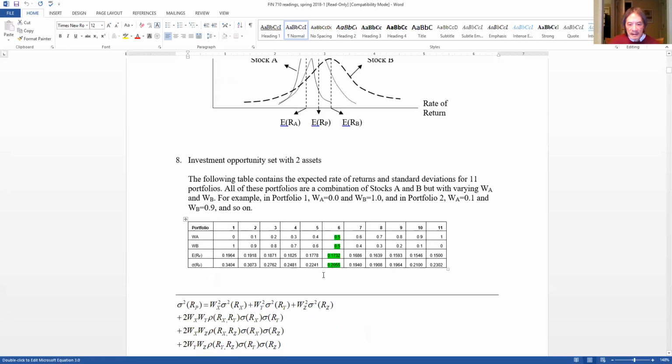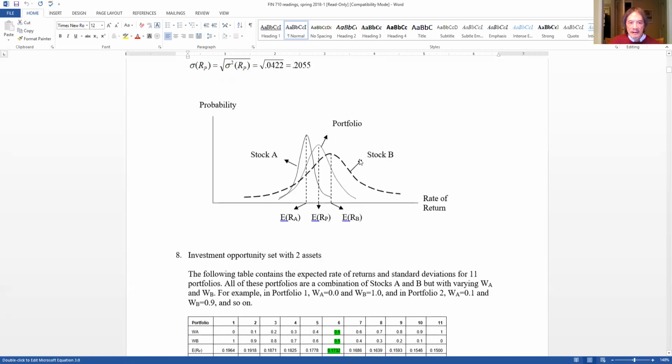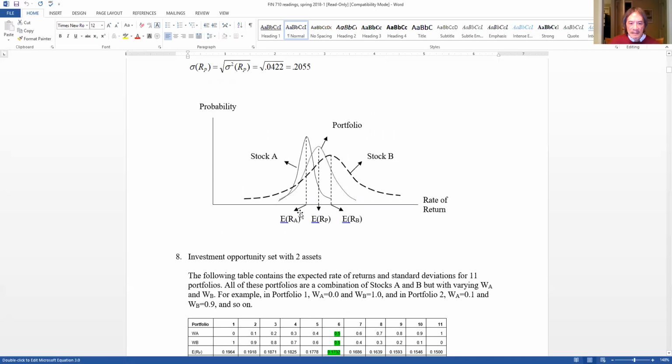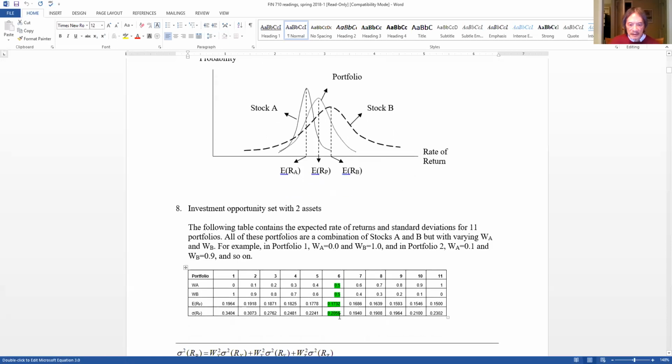Now, in this particular set of numbers here, these numbers come from all the calculations up to this point. For example, here, again, the weight for A is 0.5, and the weight for B is also 0.5.